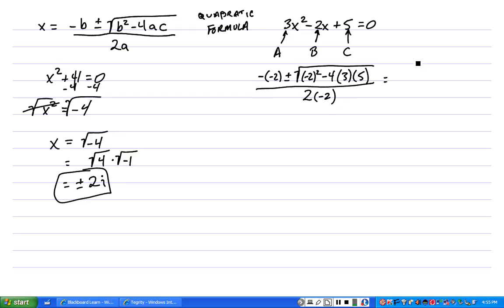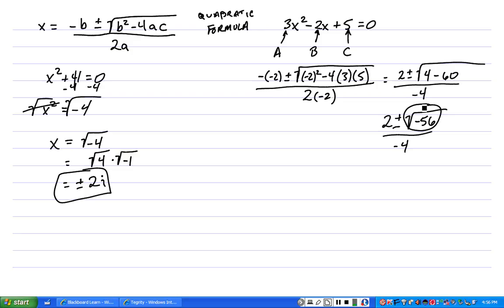Okay, so this gives you 2 plus or minus the square root of 4 minus 4 times 3 is 12, 12 times 5 is 60, all over 4. Okay, this breaks down to 2 plus or minus the square root of a negative 56, all over 4. And now we treat this like we just did those last problems.